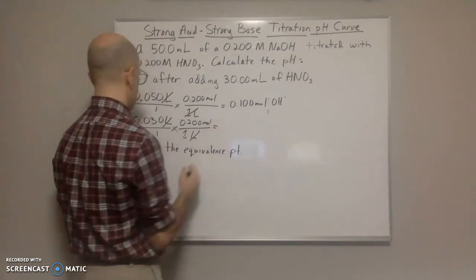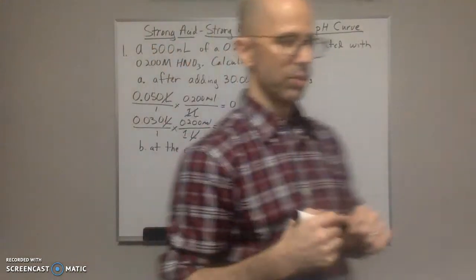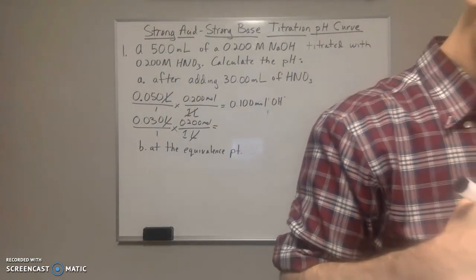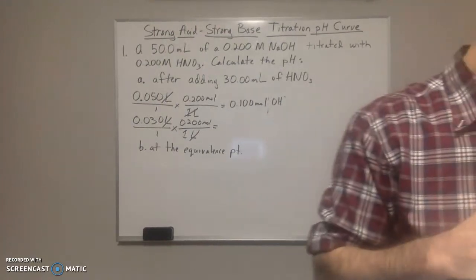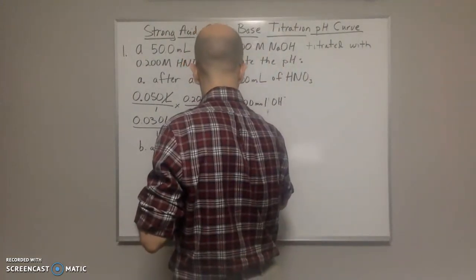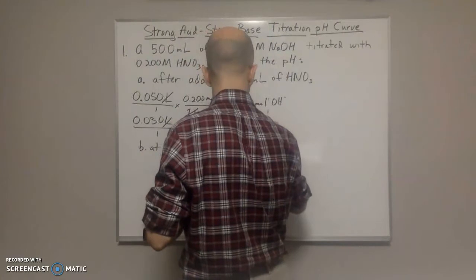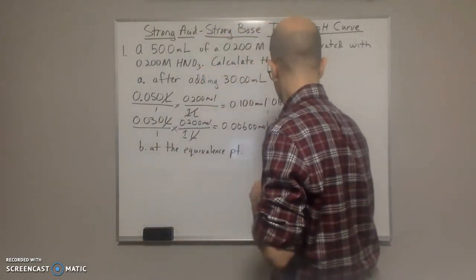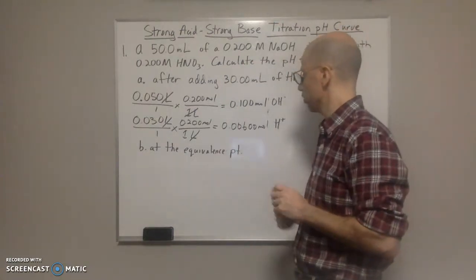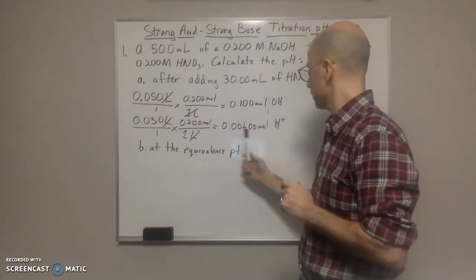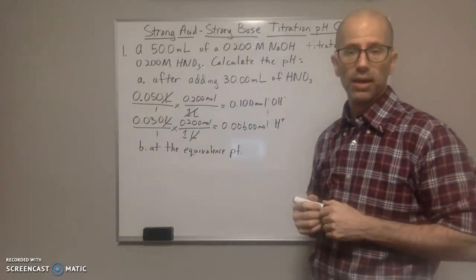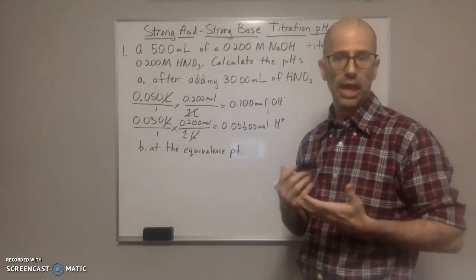Liters cancels out, and in this case, you're going to get 0.00600 moles of H plus. So this number of moles is going to cancel out the same amount of hydroxide. So if you do your stoichiometry table, right?